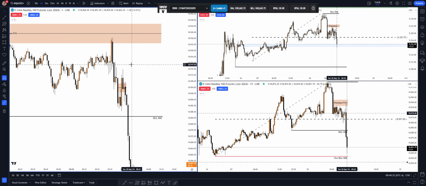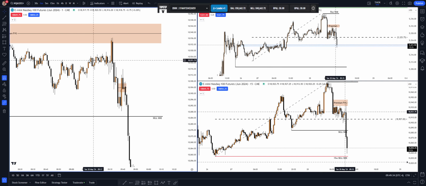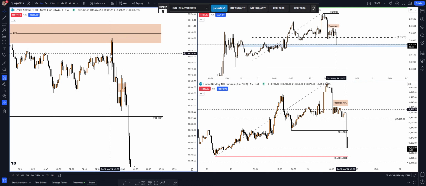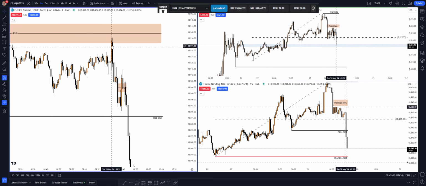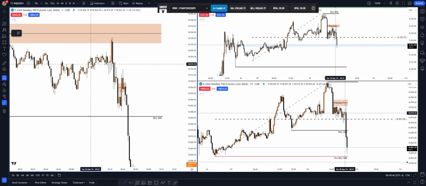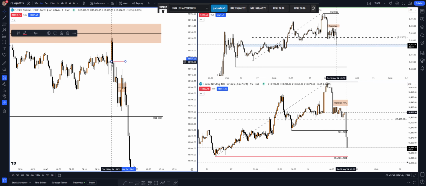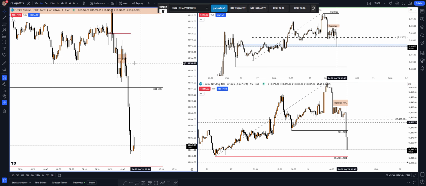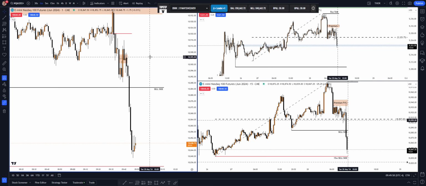But mainly, I really don't see it as a trap, honestly, because the accumulation broke out above the accumulation. So instead of looking at that as a trap, I would look at this as the order block, and then it broke down, fair value gap, broke down, and so on and so forth.